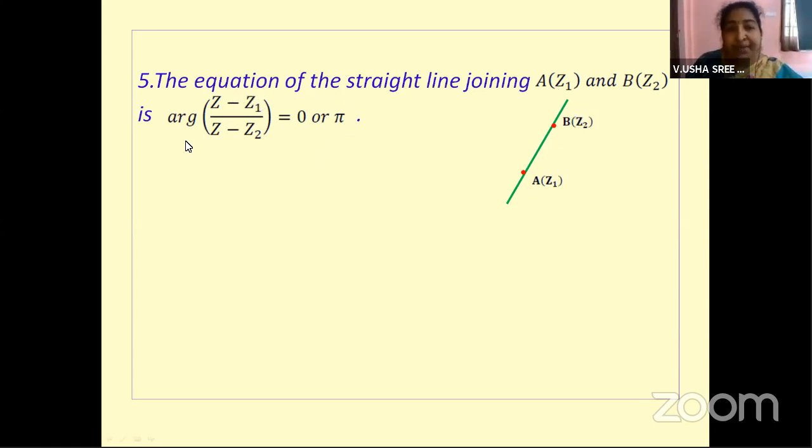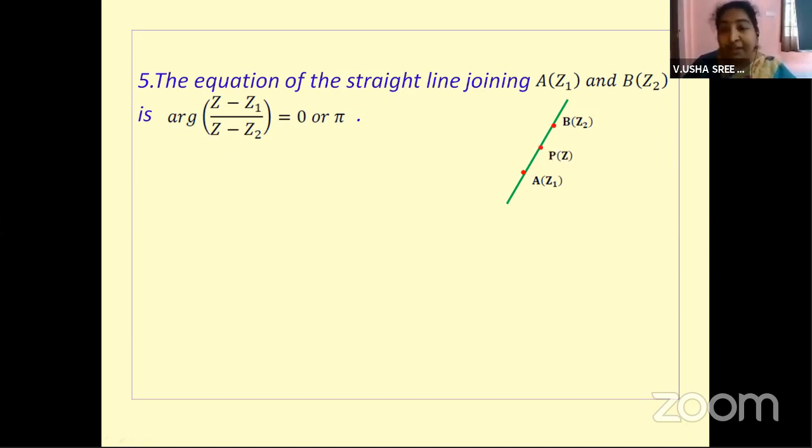That straight line equation can be calculated with this formula. Argument is nothing but theta, isn't it? So argument of Z minus Z1 by Z minus Z2 is equal to 0 or pi. That means if the angle you are taking is 0 or pi, you will get a straight line equation when you calculate Z minus Z1 by Z minus Z2.